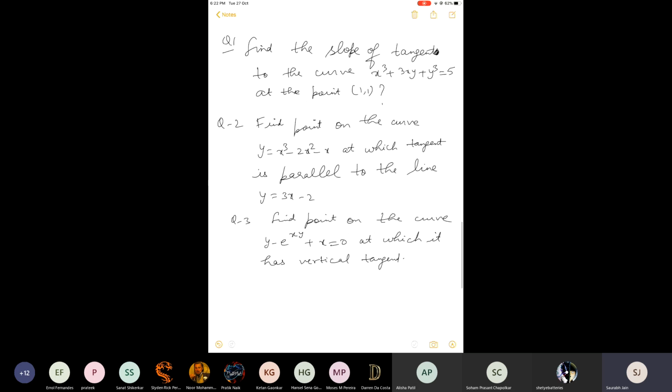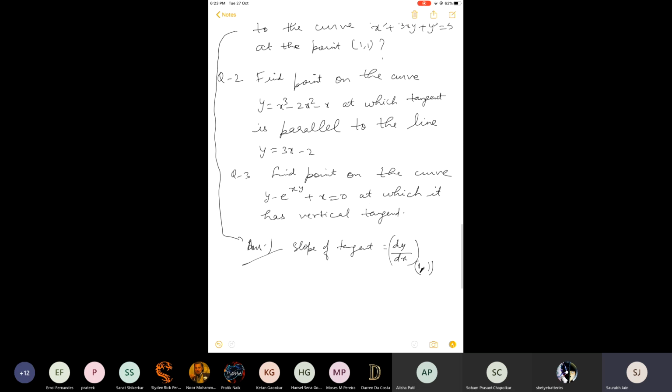So what you need to do in the first question? You need to just differentiate. Why so much time? Slope of tangent is your dy by dx, no? And the point of contact is (1, 1). So just differentiate it. And to differentiate here, it is implicit form, right?